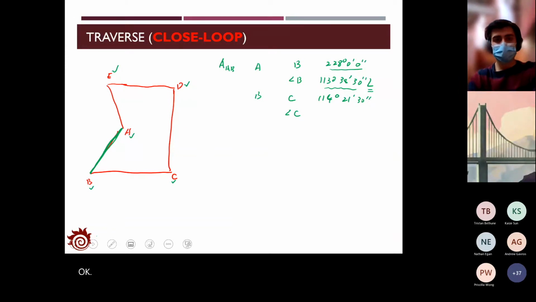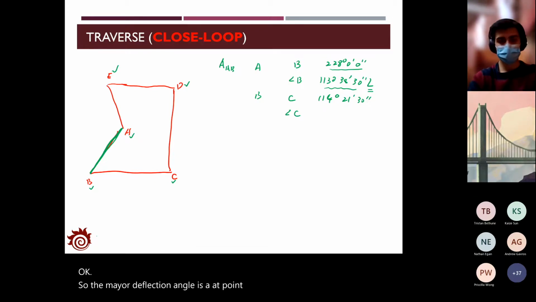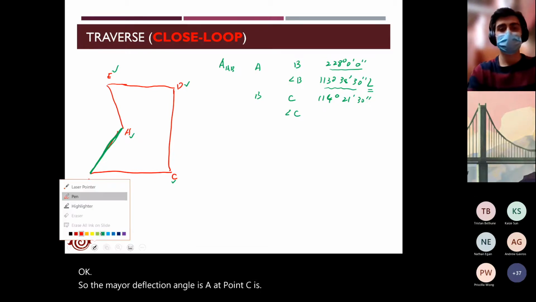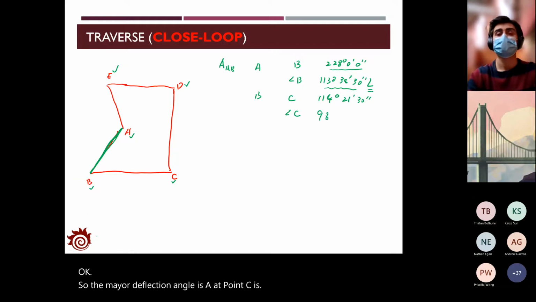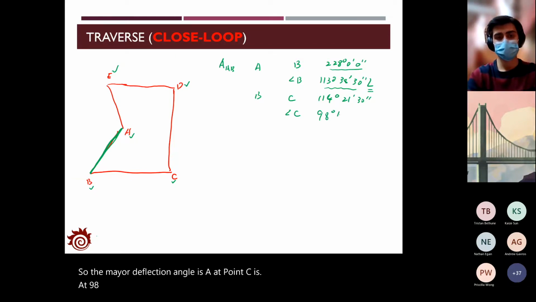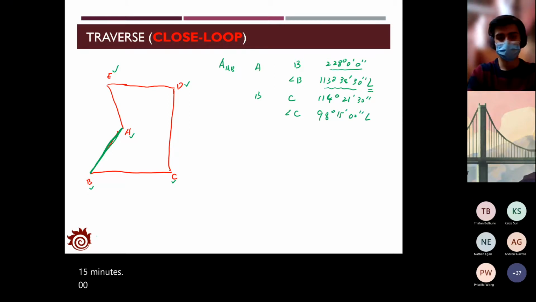So the measured deflection angle at point C is 98 degrees, 15 minutes, 00 seconds to the left.